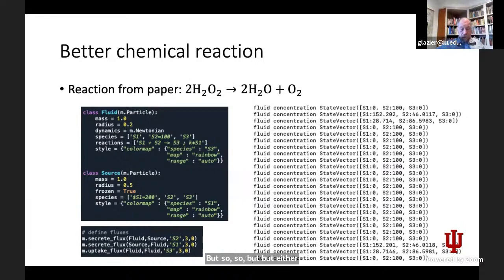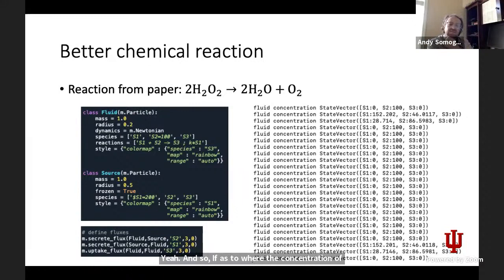But even if it did, the antimony syntax for the chemical reaction that you wrote up above is not quite what you wrote. A catalyst, by definition, doesn't participate in the reaction. So if S2 were the concentration of catalyst, it shouldn't be there. Correct.